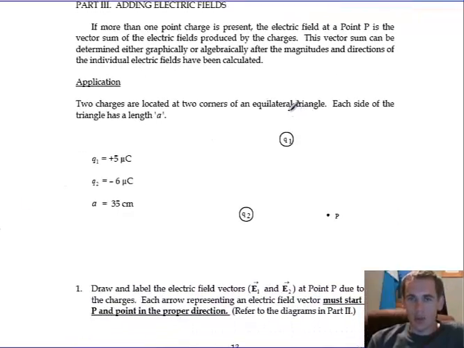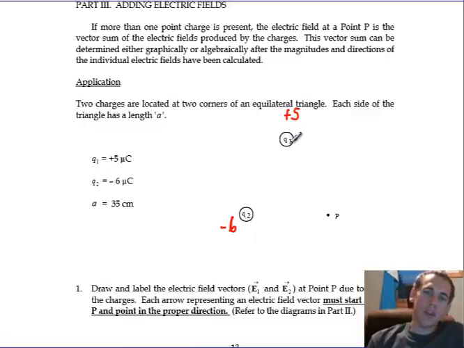So this says Q1 is plus 5 and Q2 is negative 6, and these are microcoulombs, so times 10 to the negative 6. And this is centimeters, we've got to keep that in mind. We're supposed to draw and label electric field vectors E1 and E2 at point P. Now you'll notice this is not a charge. It doesn't have a charge. It's just a point.